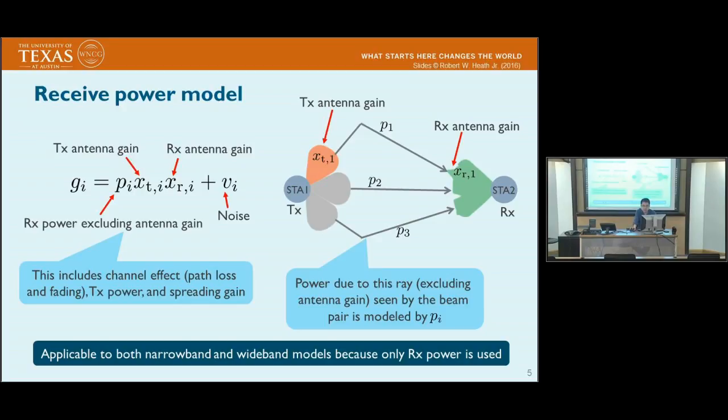For example, when we use beam number 1, we have this path gain of P1, and this P1 includes the transmit power, and if we use spreading codes, the spreading gain will also be included in this parameter P. The gain at the transmitter side is X_T, and the gain at the receiver is X_R.